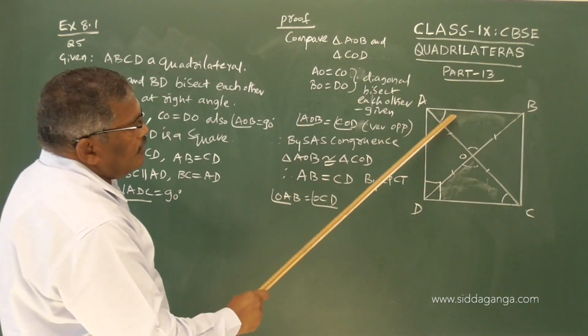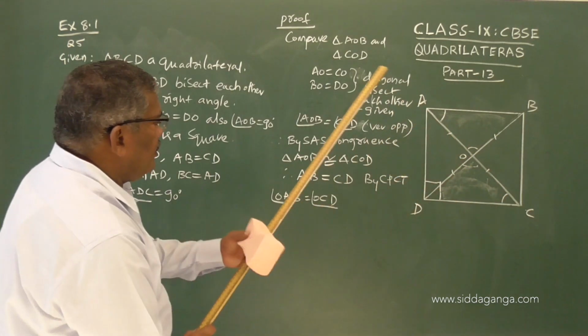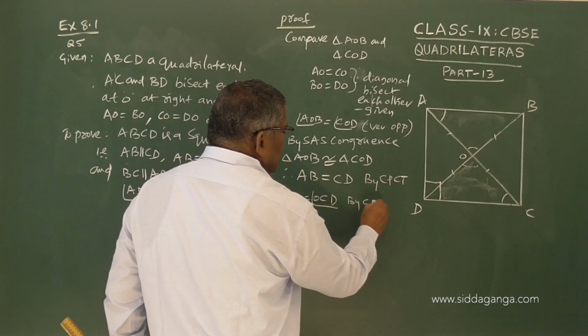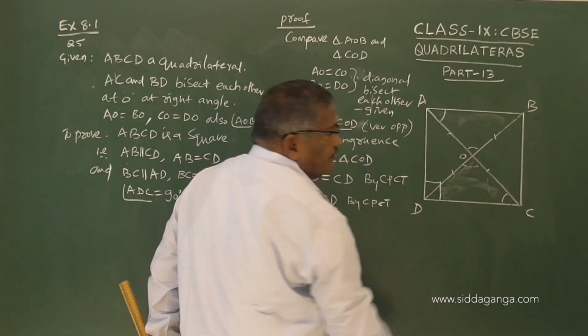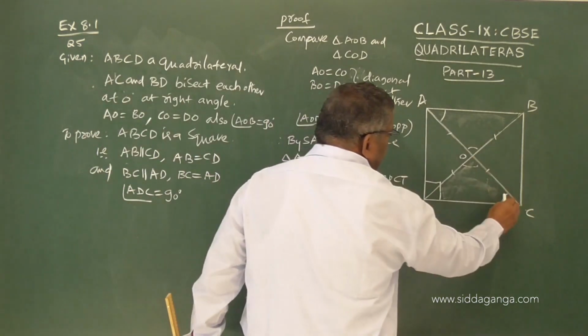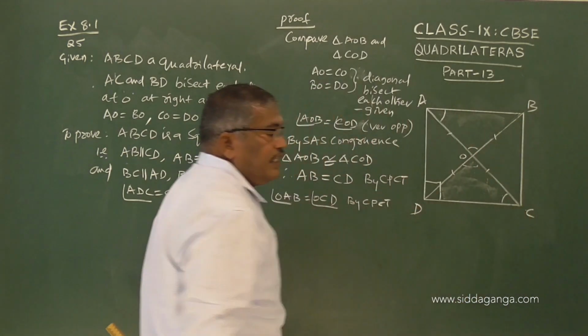So therefore, by CPCT, these two angles are equal. When these two are equal, they are alternate angles. Therefore, we can say AB is parallel to CD.